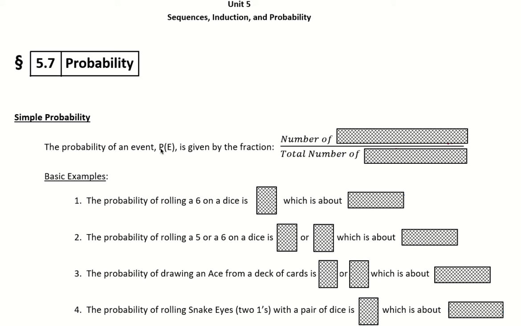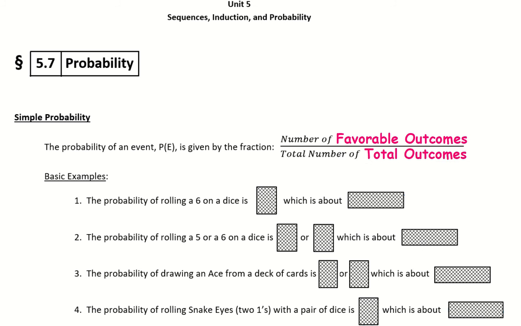This is fairly common shorthand for the probability of some event E. Anyway, the textbook definition is the number of favorable outcomes over the total number of outcomes. That was a little redundant, but maybe it's just extra emphasis that it's the total outcomes on the bottom of the fraction.